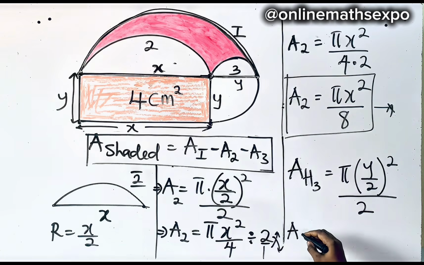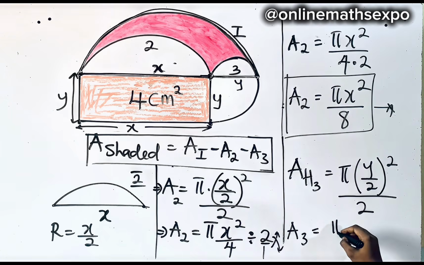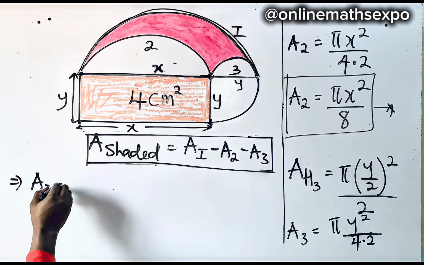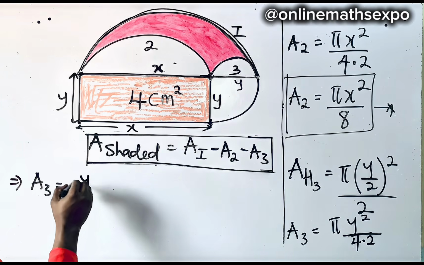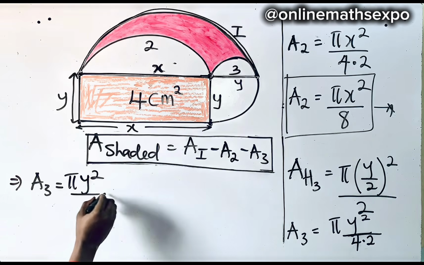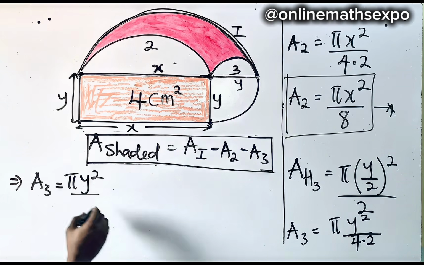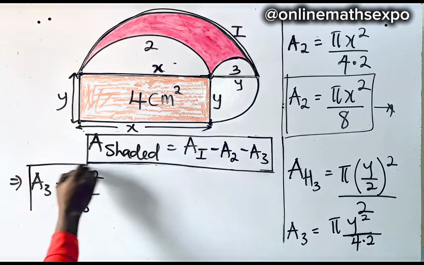So if you simplify this, we are going to have π, this will give us y², divided by, this will give us 4, and then 4 multiplied by 2. Keep simplifying. Area of the third is πy² divided by, multiply this, it gives you 8. And this is the third one.